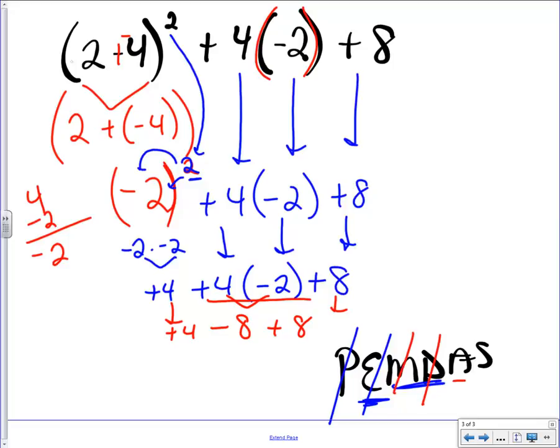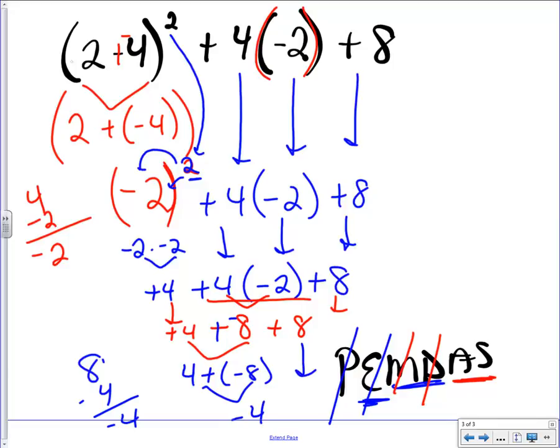Okay, and now I'm going to add and subtract from left to right. So this is the piece that goes first. I'm going to change the sign of the number that follows, and this becomes a 4 plus a -8. Signs are different, so I'm going to subtract and take the sign of the bigger number, and bring down the number that I have not yet used.